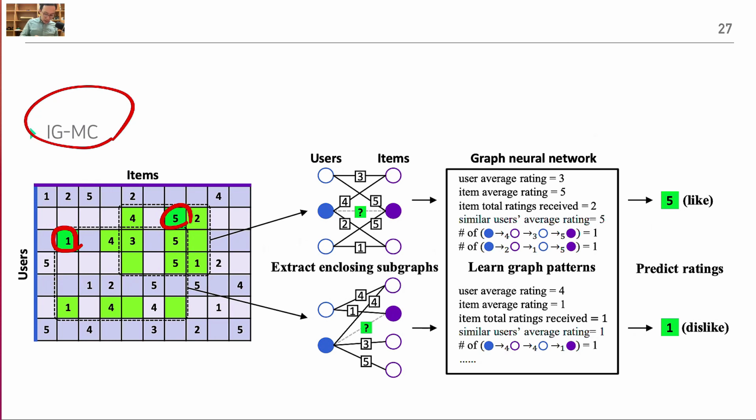at first it considers a subgraph like this. In this subgraph, we have three neighbors, composed of three nodes. In this case, at first, the first user is connected to the 3, 5.